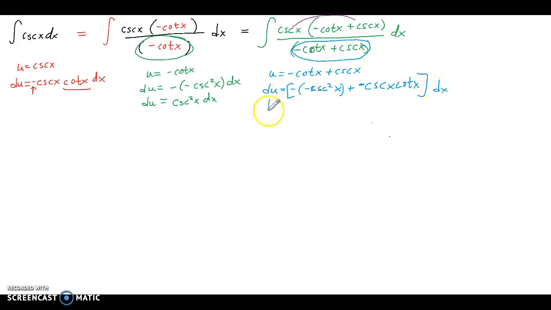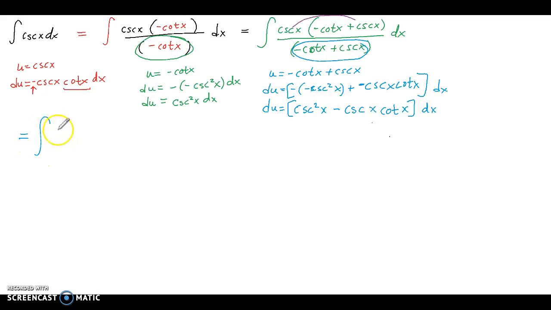So now if I rewrite this, I'll have du equal to cosecant squared x minus cosecant x cotangent x dx.